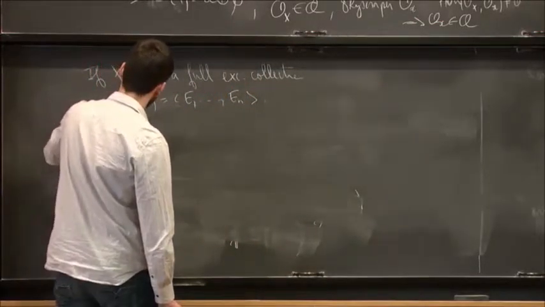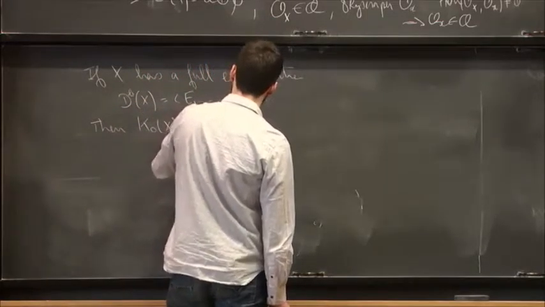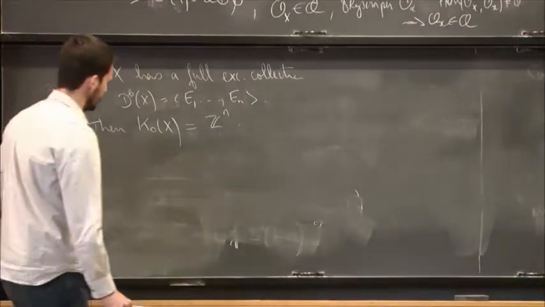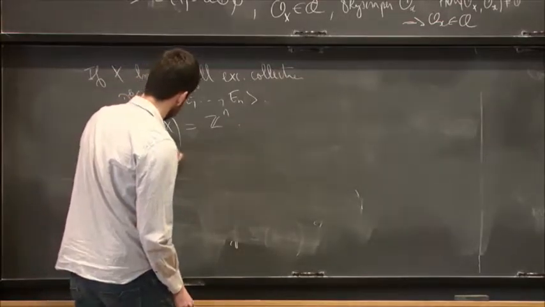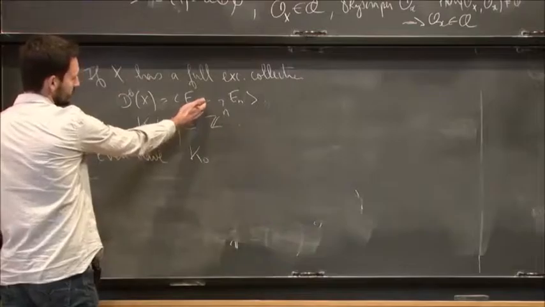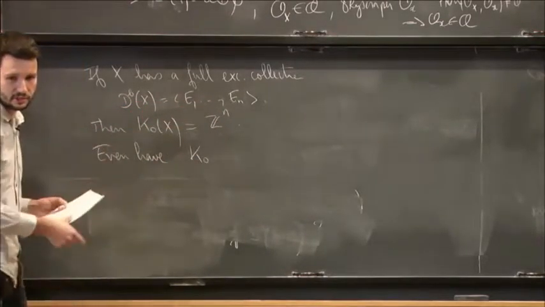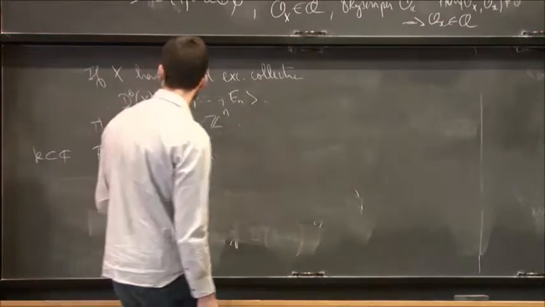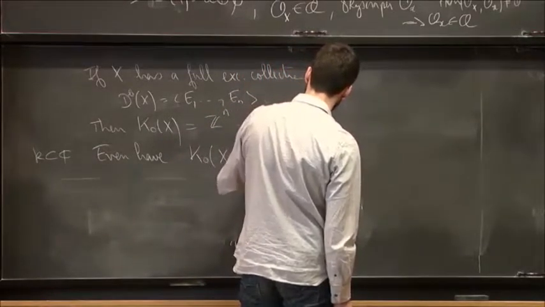Well then, K0 of X is just Z^n, and the basis is given by the classes of the Ei. And in fact, by the base change theorem, you have an exceptional collection for D^b(X) pulled back to any field extension. So for example, if K is a subfield of C, then you even have K0 of X_C is equal to Z^n.